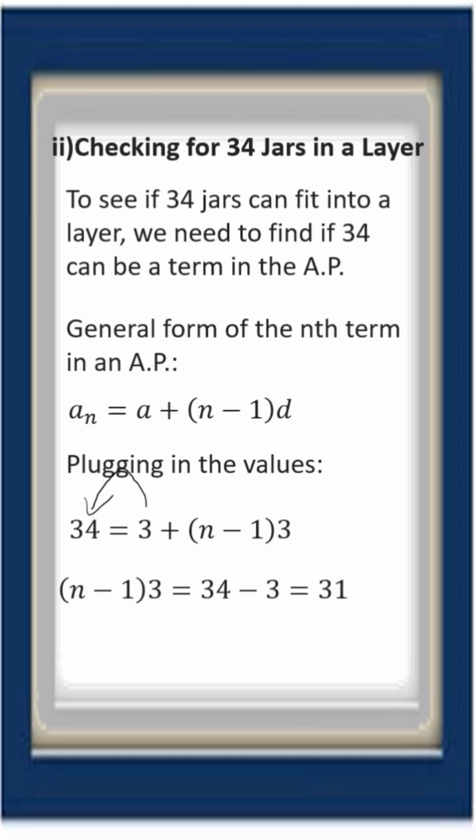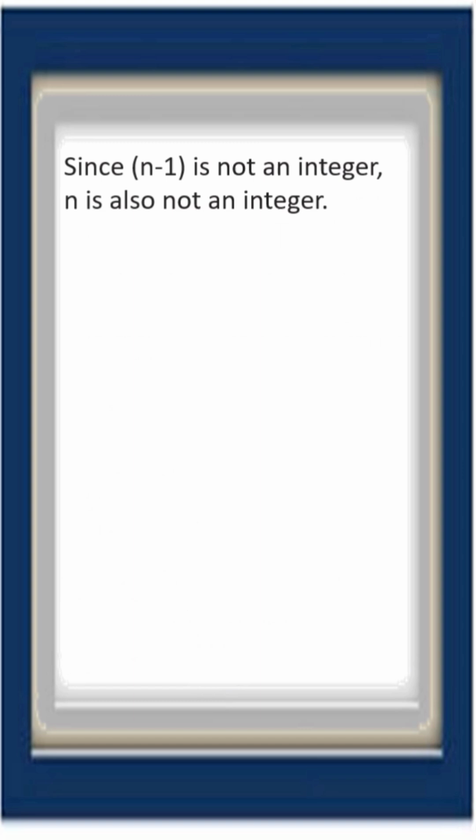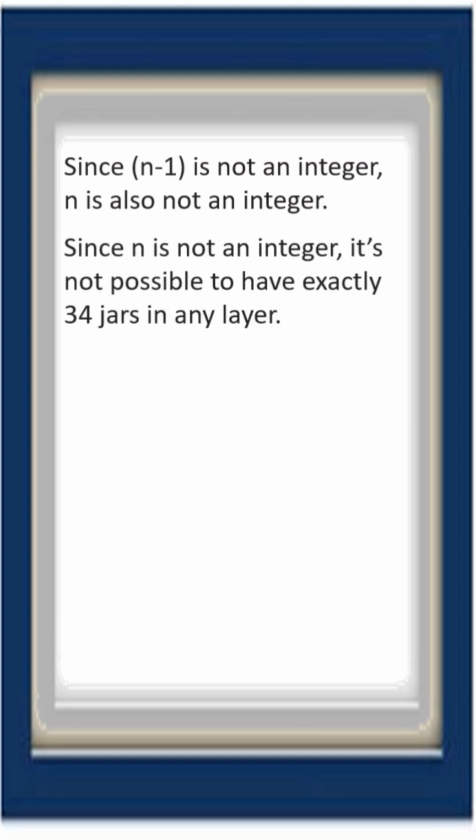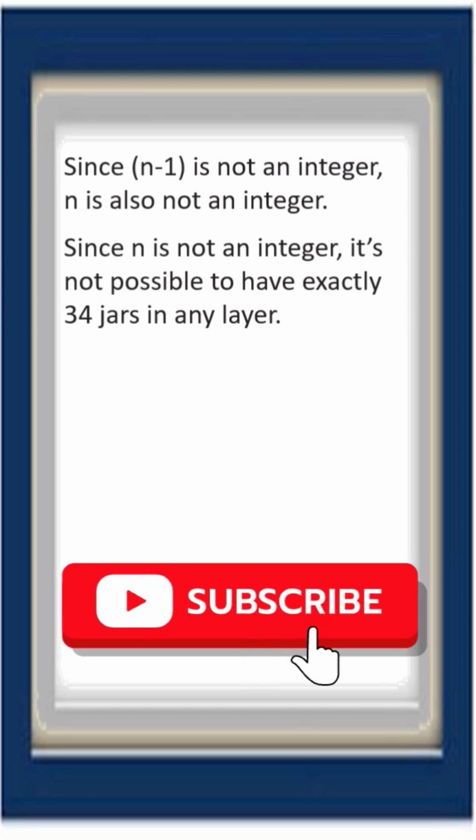Now let us shift 3 to this side. n minus 1 is equal to 31 by 3. It is not a whole number, it is a fraction. Since n minus 1 is not an integer, n is also not an integer. Since n is not an integer, it is not possible to have exactly 34 jars in any layer.